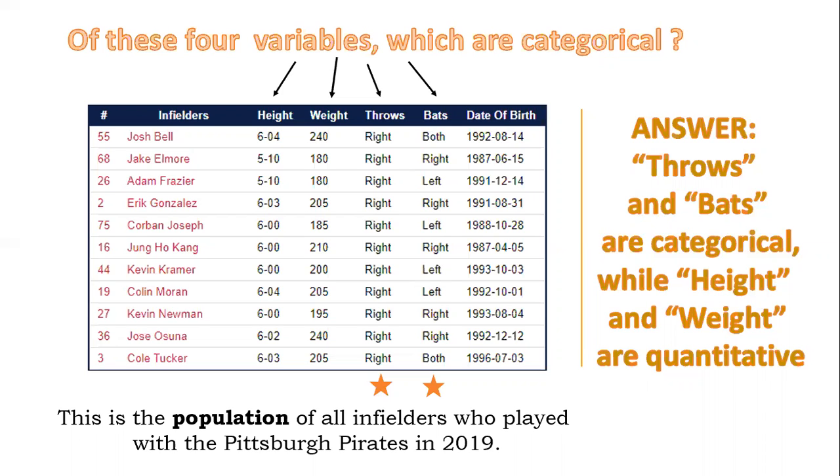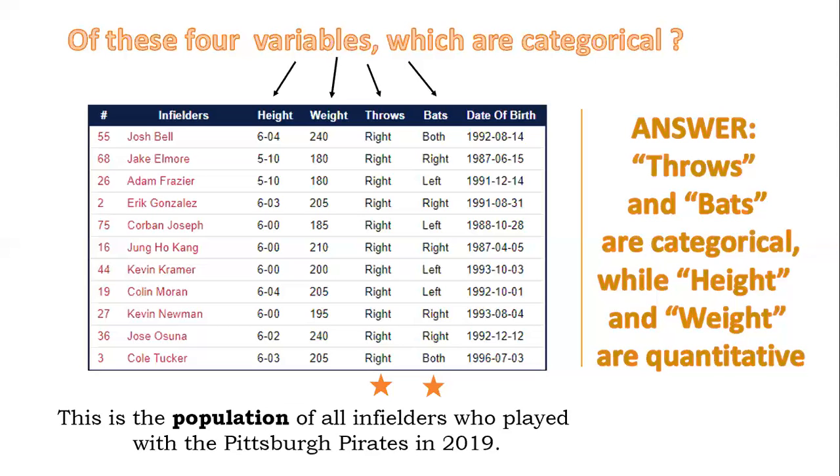Now, of those 2 categorical variables here, the throws variable is not particularly interesting, at least for the Pirate infielders, because they all throw using the same arm. But the bats categorical variable is a little bit more interesting. We noticed that there were 2 Pirate batters, Josh Bell and Cole Tucker, who batted from both sides of the plate.